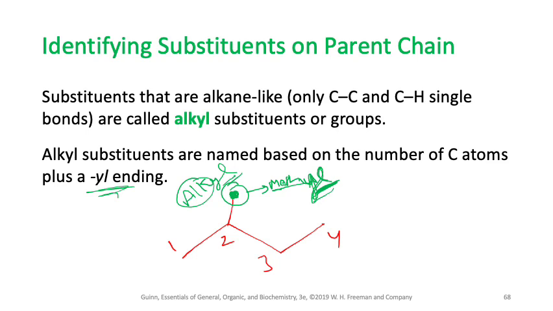What about this one? If I have any random substituent like this, how many carbon in this substituent? 1, 2. So 2 carbon is eth and YL, ethyl. So this is how you name a substituent.